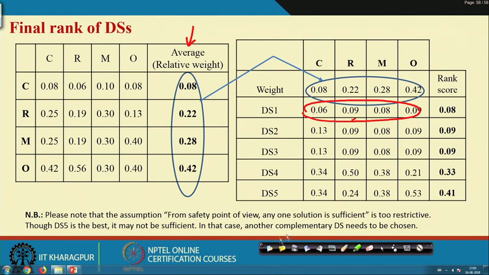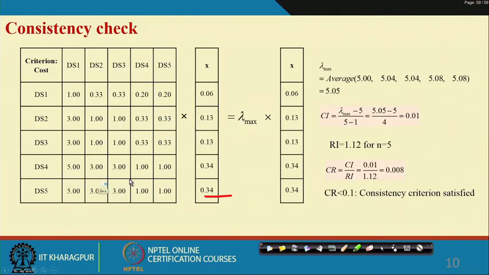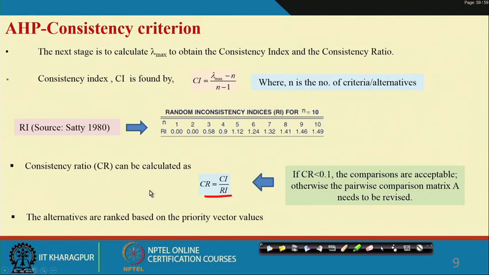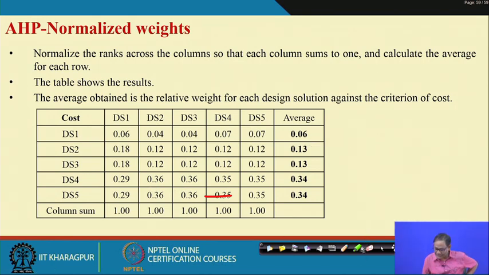Let me go back. 0.06, 0.06, 0.13, 0.13, 0.34, 0.34. These are basically the priority vector for the 5 design solutions with reference to cost.